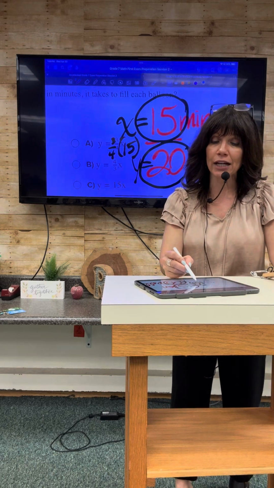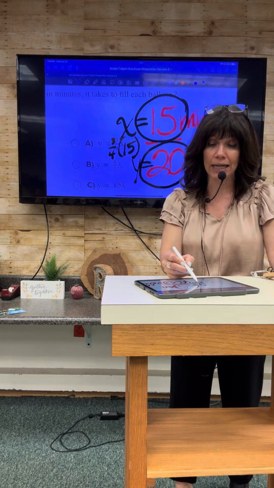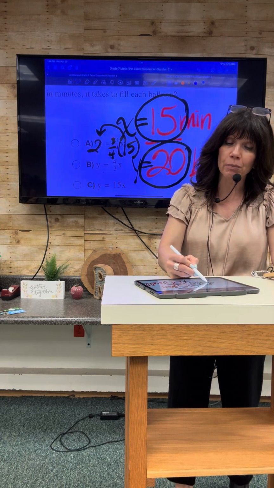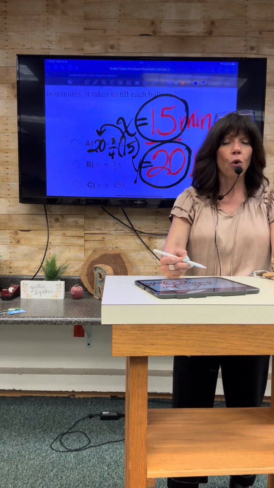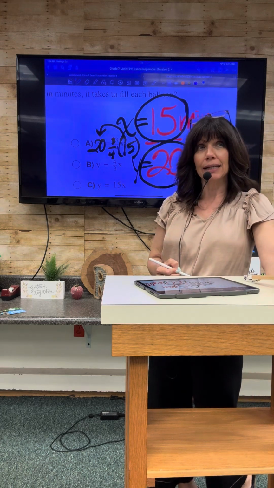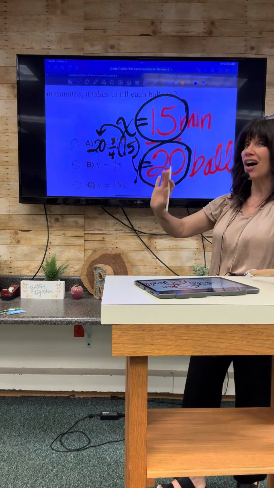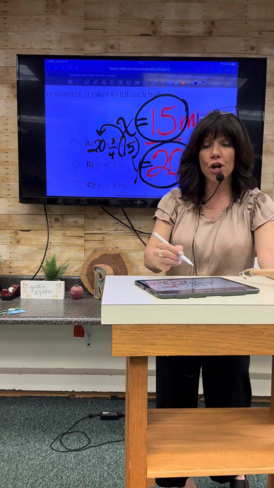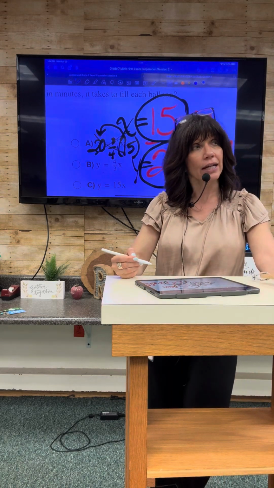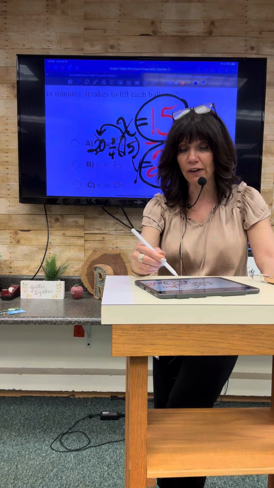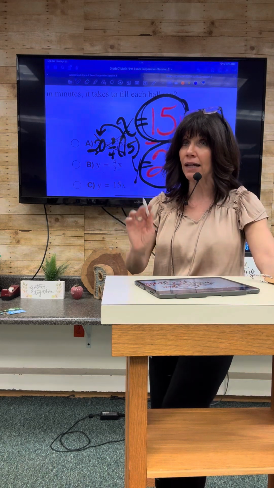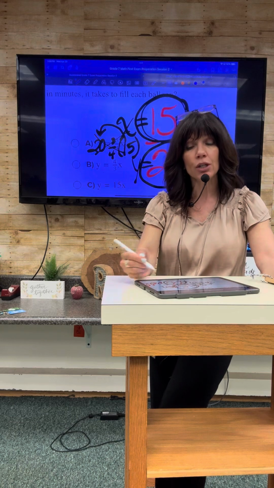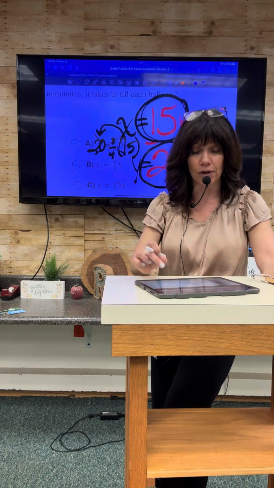When I multiply 3/4 times 15 on my calculator, if it equals 20 in place of the y, will I pick option A? Yes. If it does not equal 20, will I pick option A? No. Do you understand how to go through and put this value 15 in place of the x? If it works with the other numbers and gives you 20, you pick it. If it does not, you do not pick it.